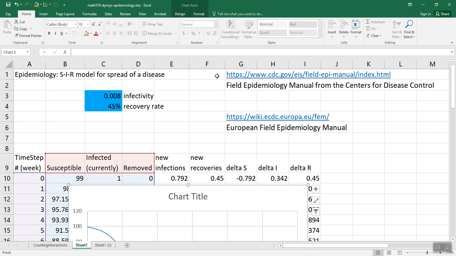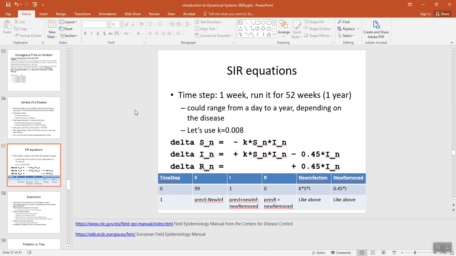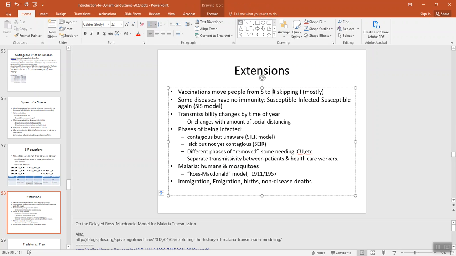And we have some links here to free online epidemiology manuals in case you want to go reading all the really interesting stuff. What does our model not cover? If we had vaccinations, people would move directly from susceptible to resistant, although it wouldn't work for everyone, so some people could still stay in susceptible for a while before getting infected.